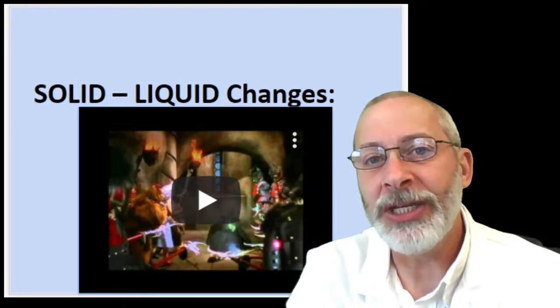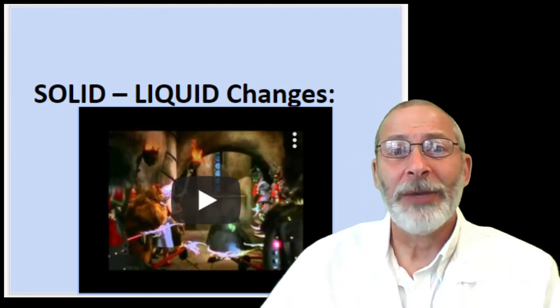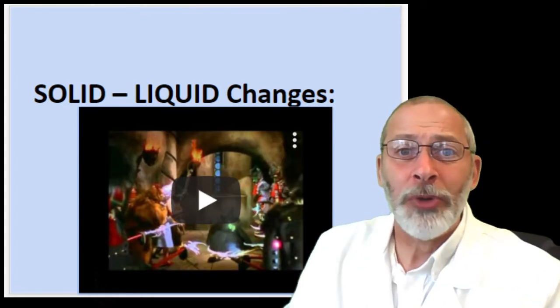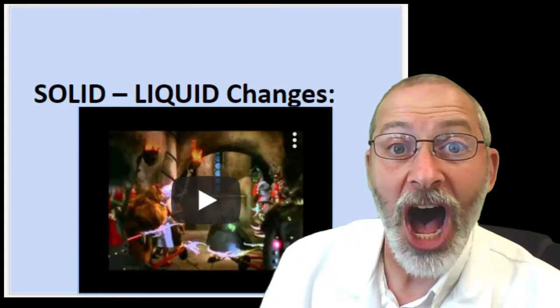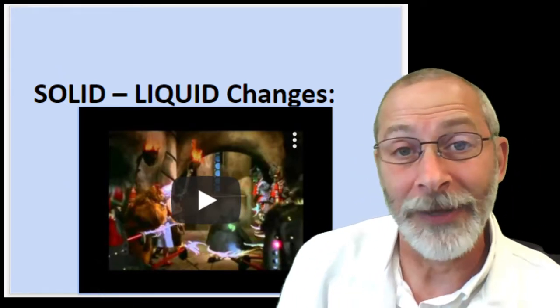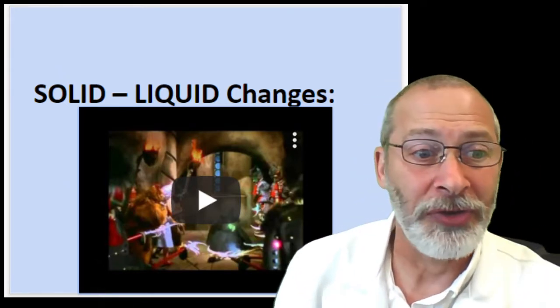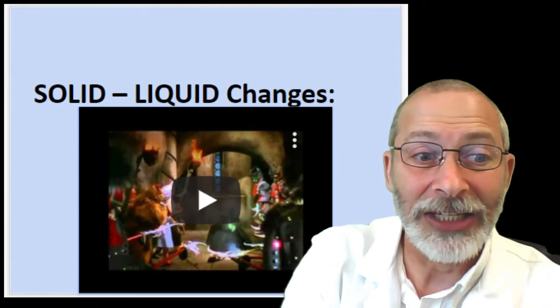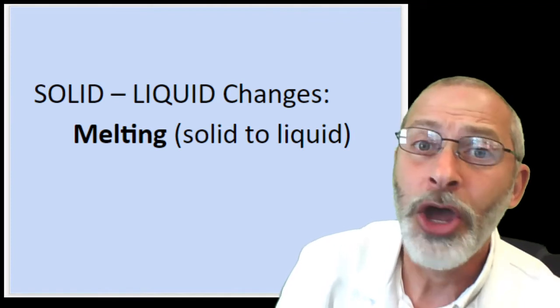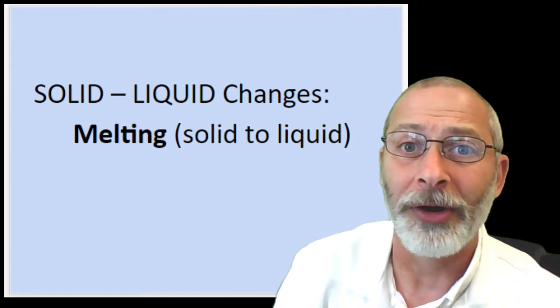Does that scene look familiar to you? It probably does if you ever watched the infamous movie The Wizard of Oz and the Wicked Witch was melted. Her body was turned from a solid to a liquid simply by Dorothy pouring a bucket of water on her.